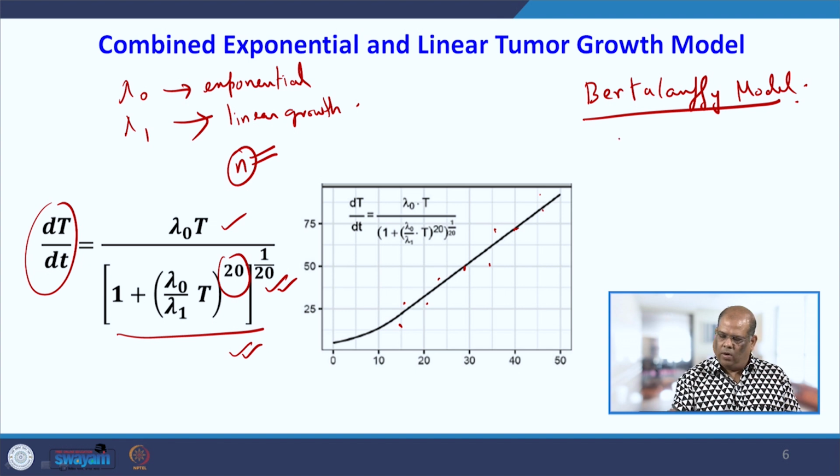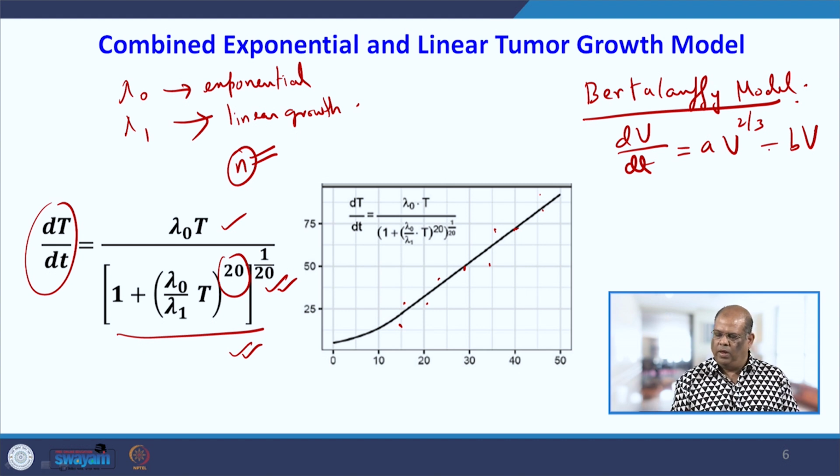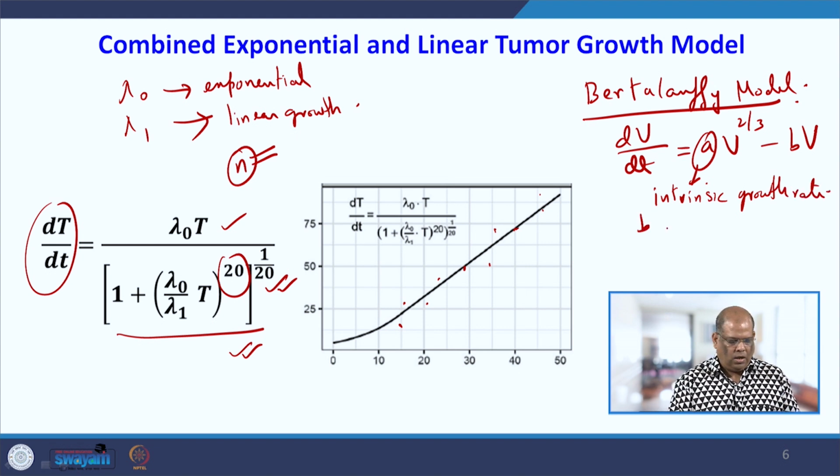In this particular model, the volume of the tumor is measured, and that follows this particular equation: a V to the power 2/3 minus b V. So, a is again the intrinsic growth rate, and b is called the rate of the anti-angiogenic process.